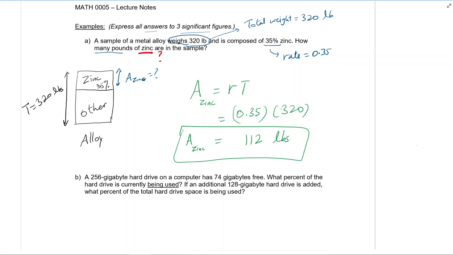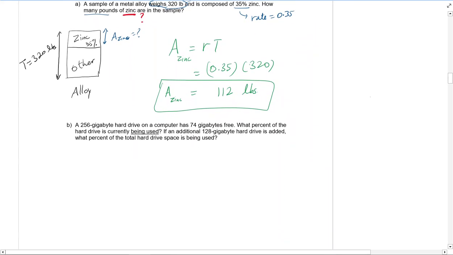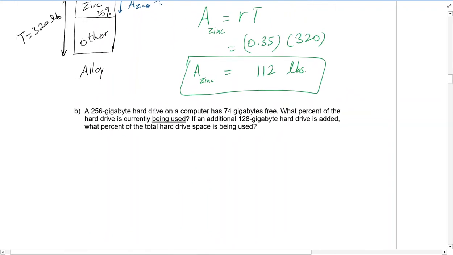All right, try part B. And it's very important that you read all the words carefully. So in this question, if we look at the first part, a 256 gigabyte hard drive on a computer has 74 gig free.